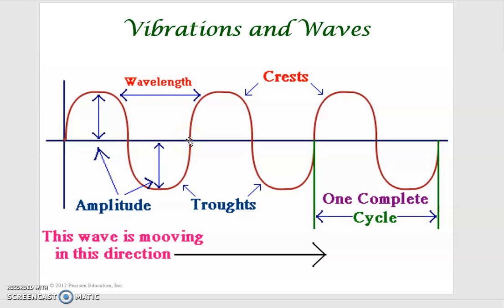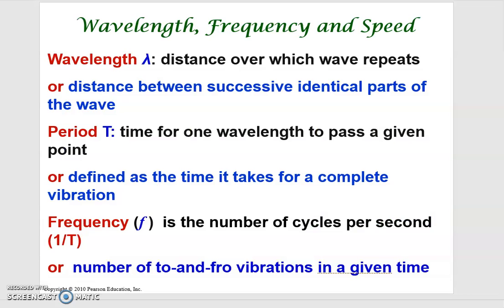This particle, when the wave propagates through, will first go downward, then go back to the equilibrium point, and go up and back. So the time span from here to here is one period.